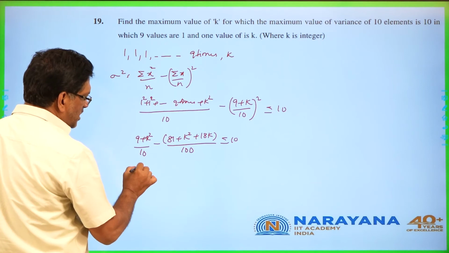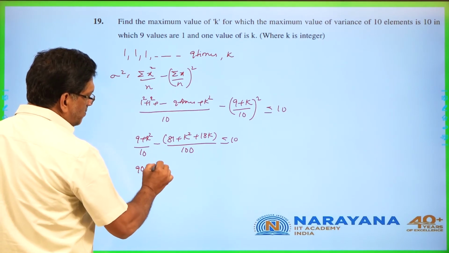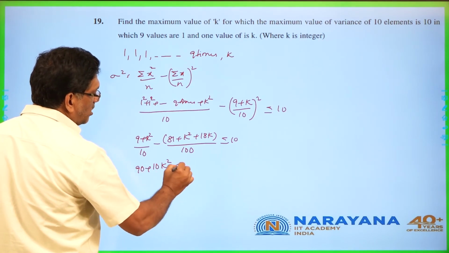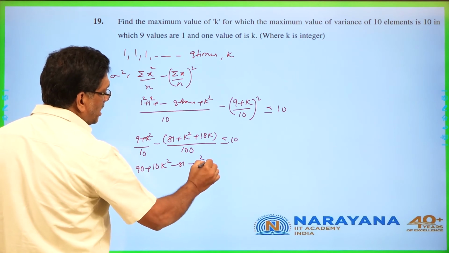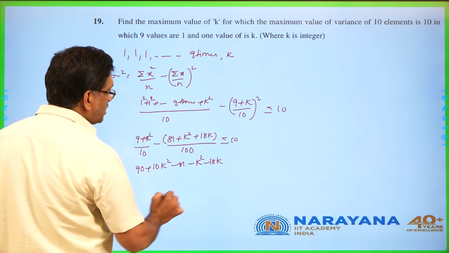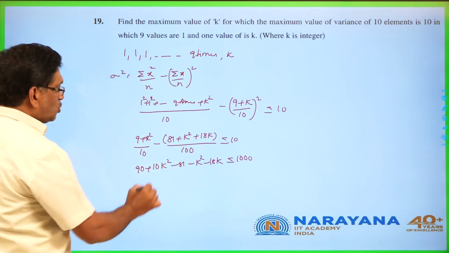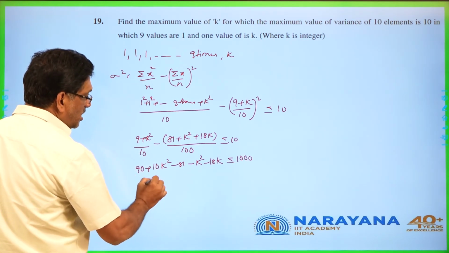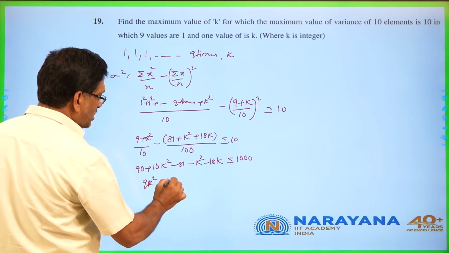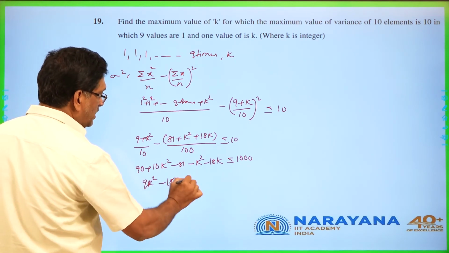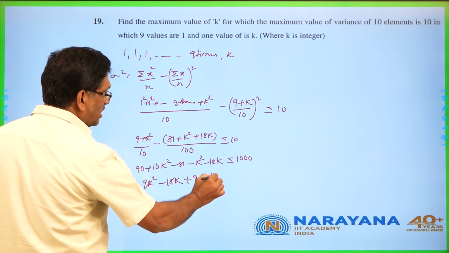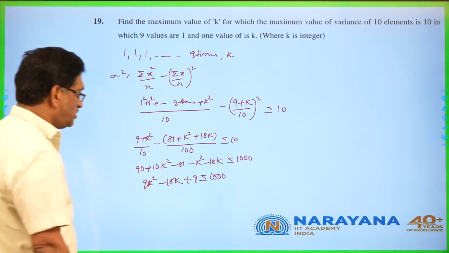When you take the LCM, it is 90 plus 10k square minus 81 minus k square minus 18k, less than or equal to 1000. So this is 9k square minus 18k plus 90 minus 81, less than or equal to 1000, right?